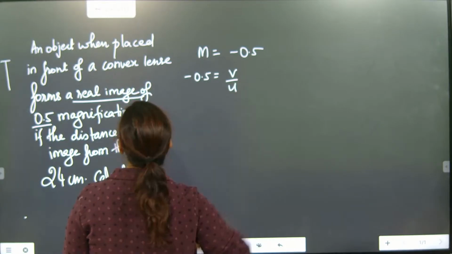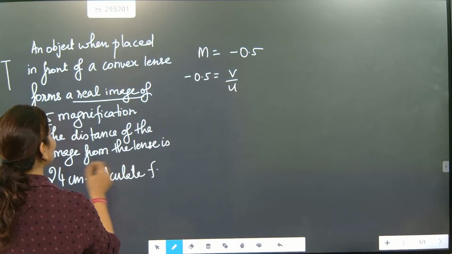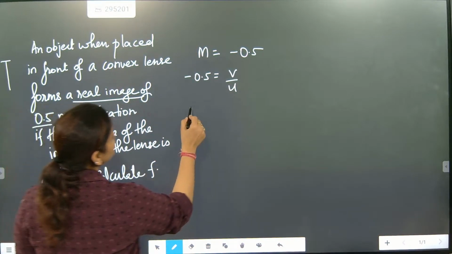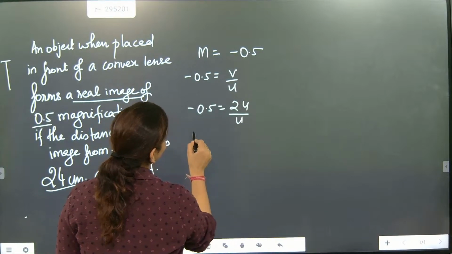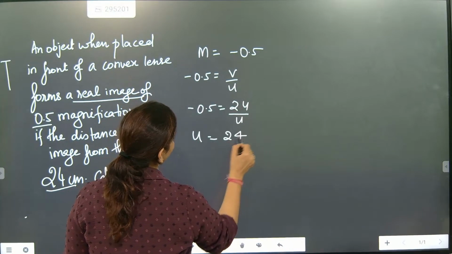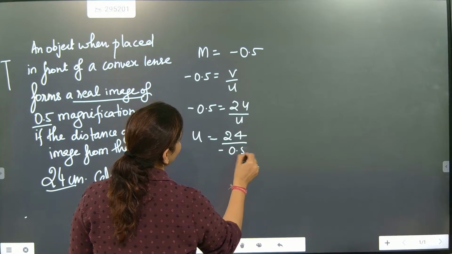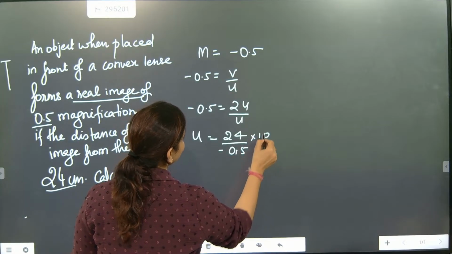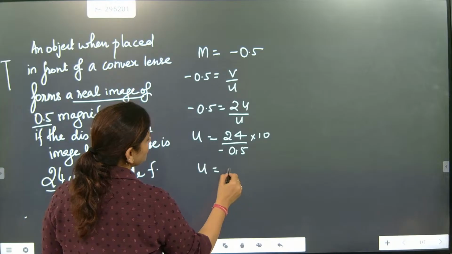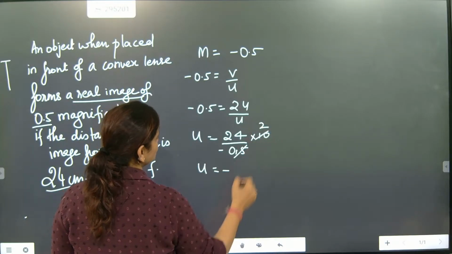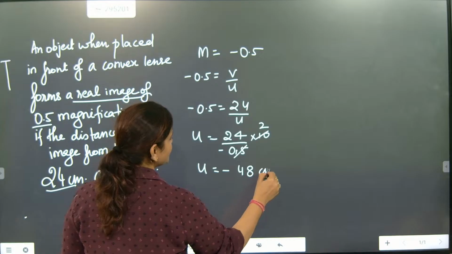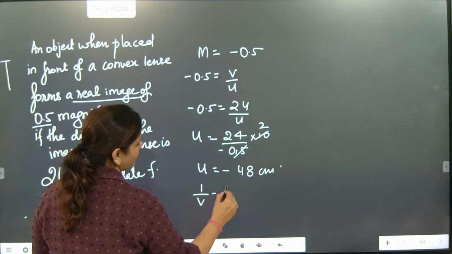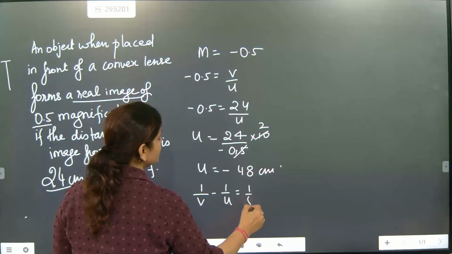V by U. Now the distance of the image from the lens is 24, so V is 24 and U will be 24 by minus 0.5. So it will come as minus 48 centimeter.